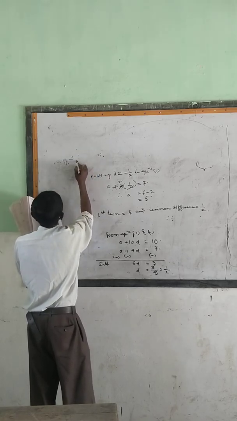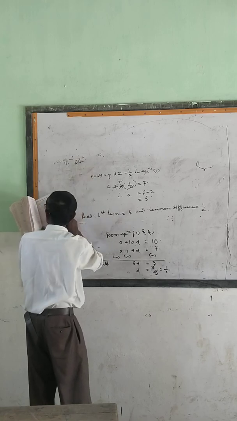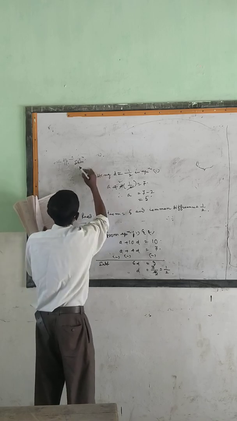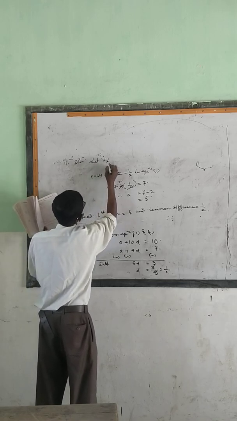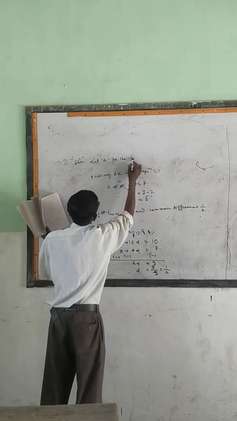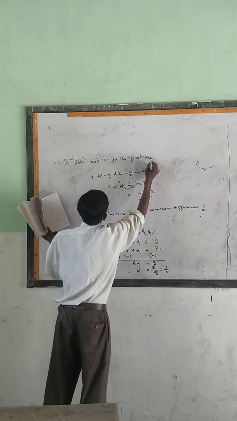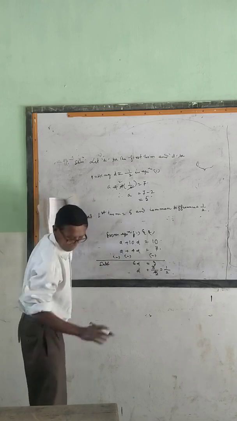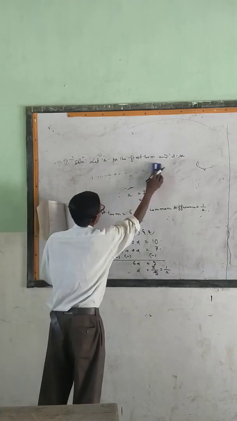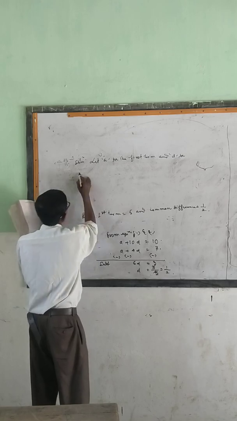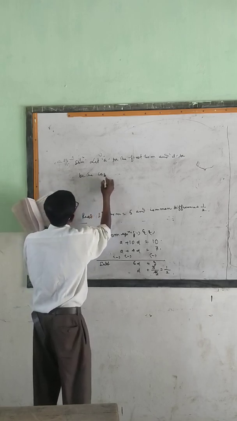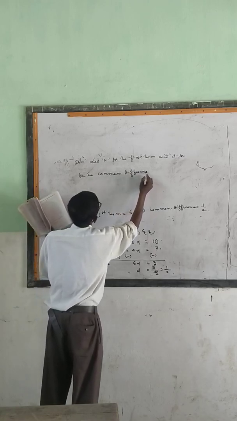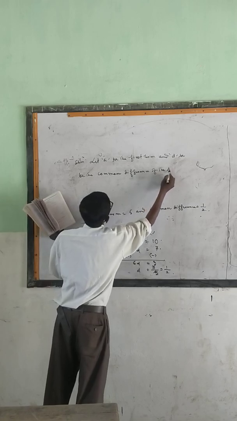Let us see the question: the 6th term and the 17th term are 21 and 54. Likewise, as in question number 10, we write again: let A be the first term and D be the common difference of the AP.